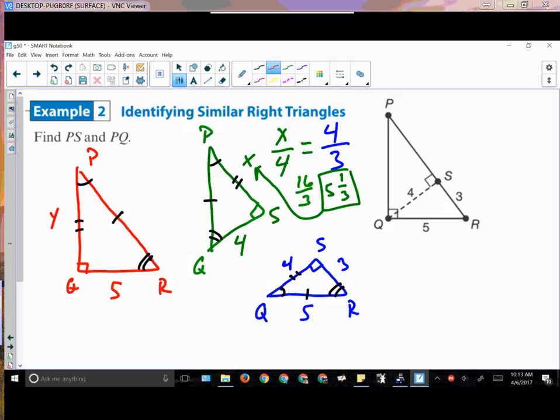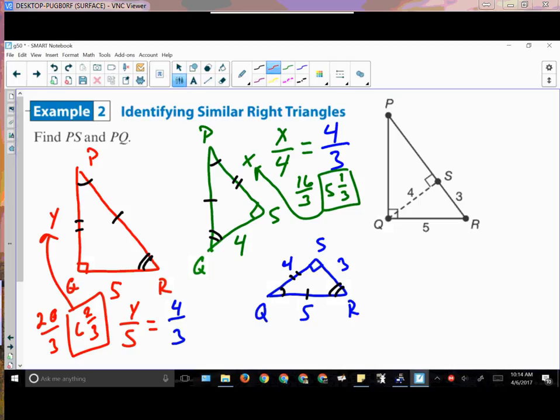That's going to be Y over 5 is going to be equal to, corresponds over here, well, that will be 4 over, and then the shorter side is 3, which is what we've got there. So for this one, 5 times 4 divided by 3 gives me 20 over 3, which reduces down to 6 2/3. So that would be the value for Y.